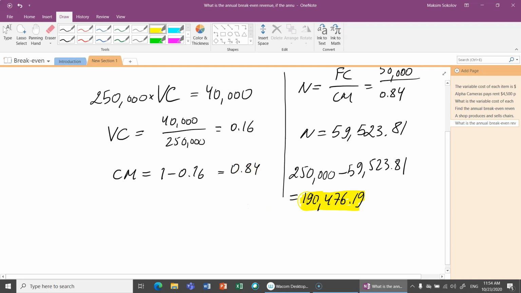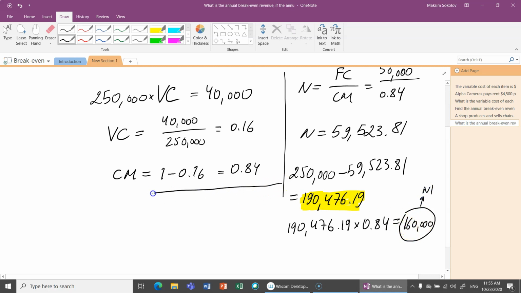But every time they sell each dollar, the contribution margin is 0.84, right? So if we now take 190,476.19 times 0.84, it is going to be $160,000. So the business can still make $160,000 in net income.